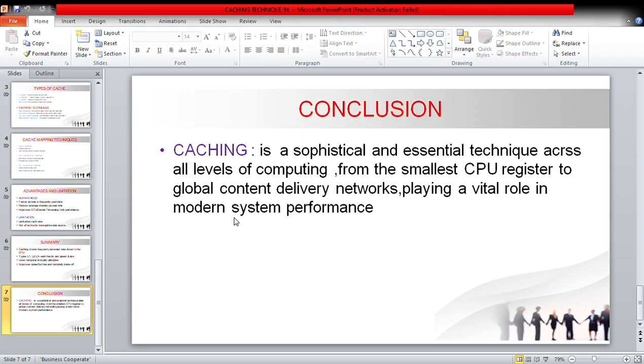But first of all, you need to keep in mind that caching works around the principle of locality of reference, which states that programs tend to access data and instructions that are spatially and temporally close to those they have just accessed.